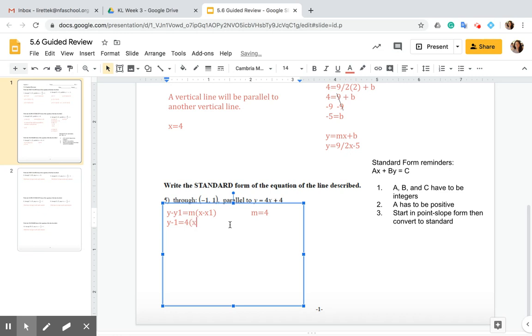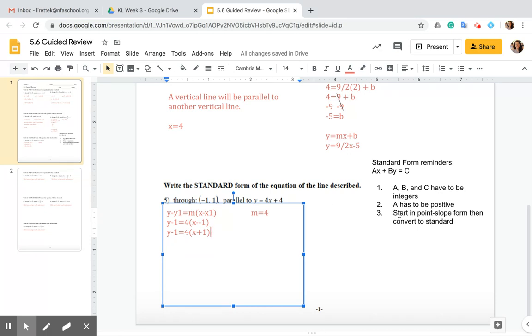Open parentheses, x minus the x value, which is -1. In my next step, I'm actually going to simplify that by making it a plus. If you want to go ahead and make it a plus right away, you can do that. You don't have to write this step followed by the plus sign. I just like to show it to show how I'm getting the signs. Okay, so far so good.